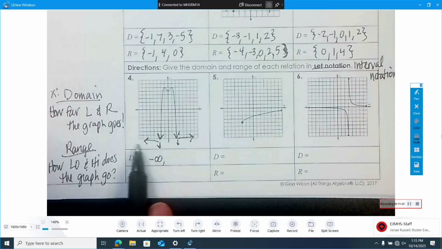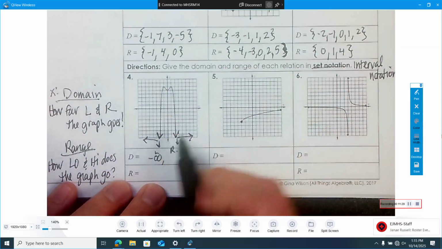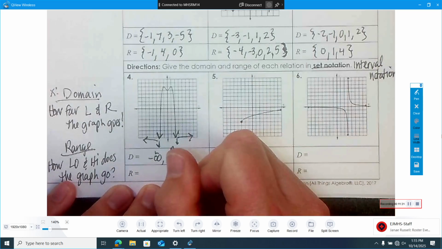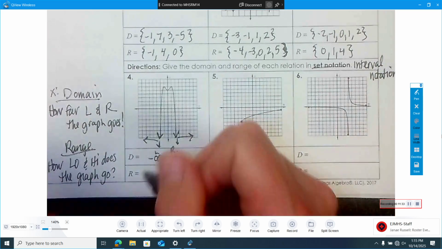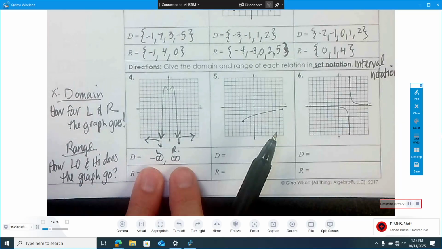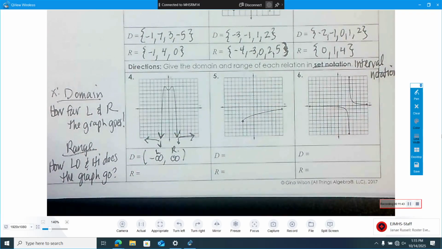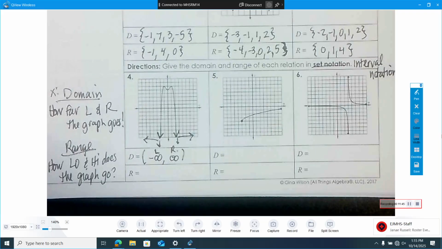We're going forever to the left. How far to the right does this arrow go? Infinity. Oh, forever to the right. So domain tells us how far left and how far right. Do I use brackets or parentheses? With parentheses. We can never actually touch infinity, so we can't use brackets. Brackets are for when we're allowed to equal it.